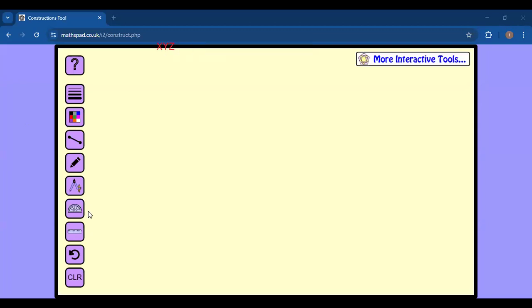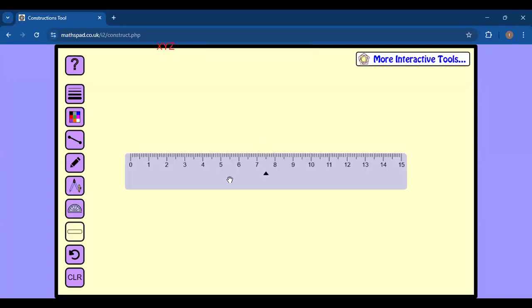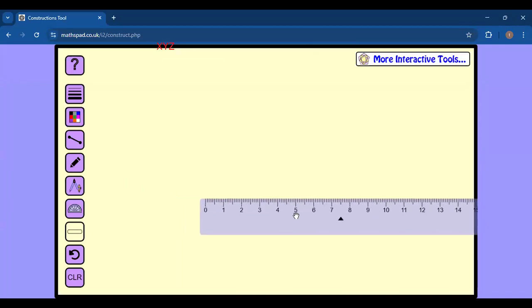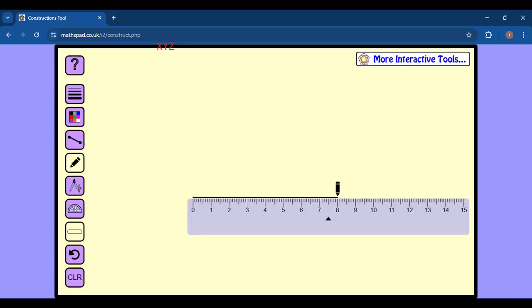So let's go ahead and do it. I'm just going to do 8 centimeters again. So it's going to be here. I'm going to call this one 8 centimeters.